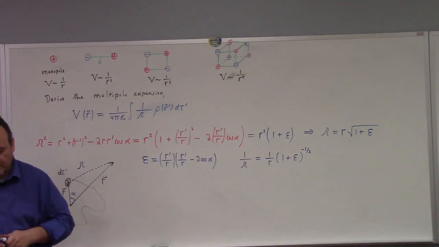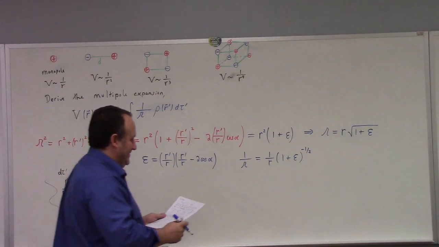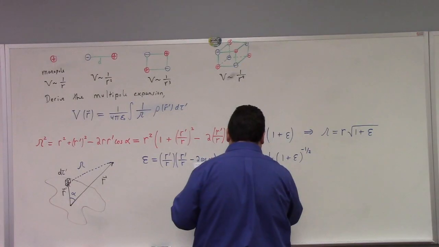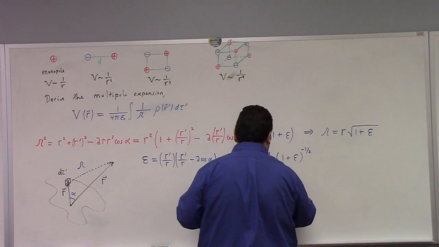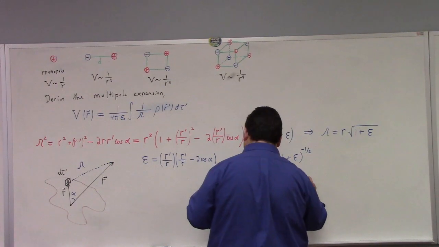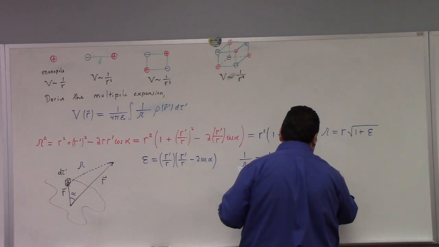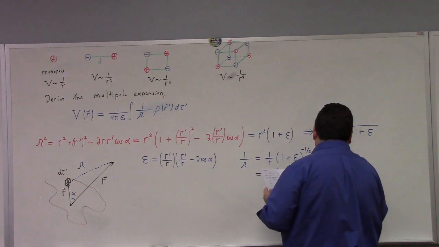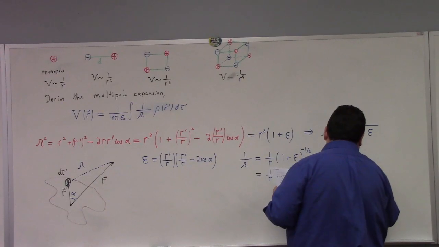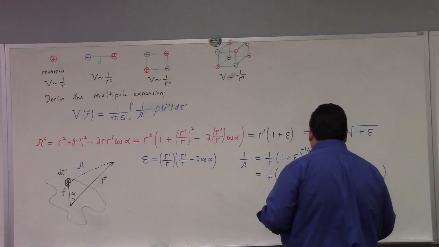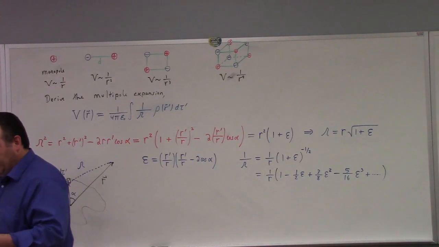You guys know the binomial series, right? Well, you're going to learn it today. So this is 1 over r times 1 minus 1/2 epsilon plus 3/8 epsilon squared minus 5/16 epsilon cubed plus dot dot dot. Those are the first 4 non-trivial terms in the binomial series, right?